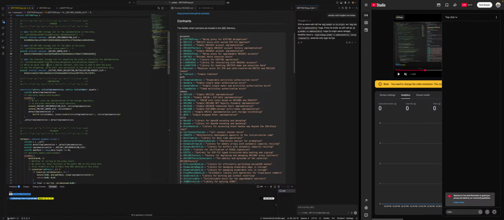Okay, the transient storage slot for requesting the proxy to initiate.